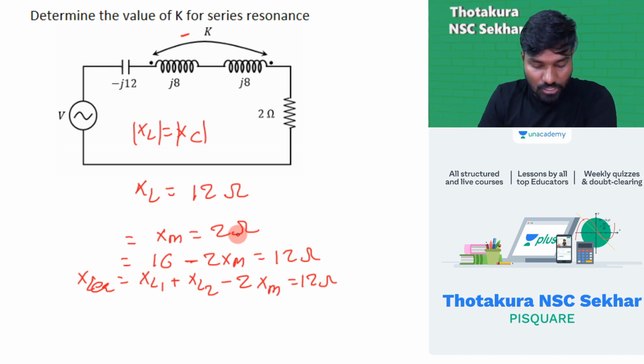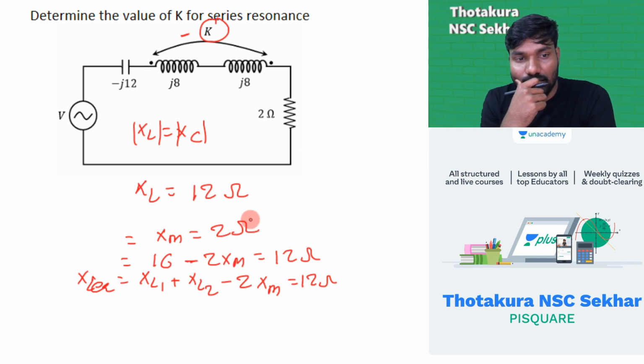But this is not the answer. This is the value of XM, and what is asked is the value of K. We should now focus on finding K.